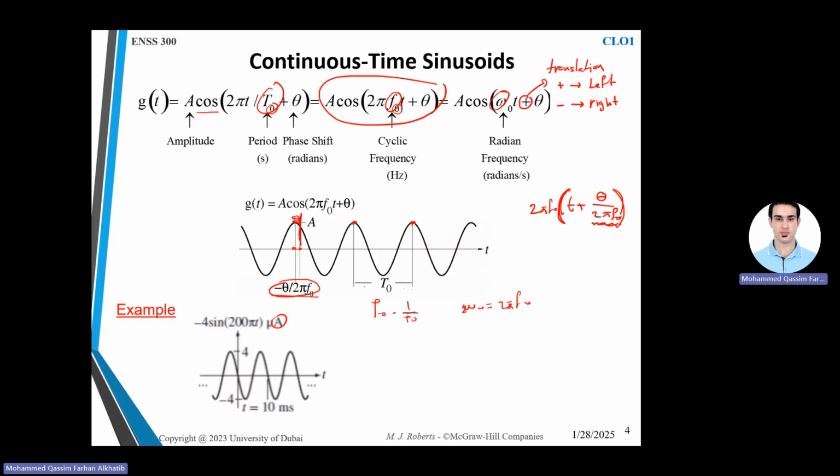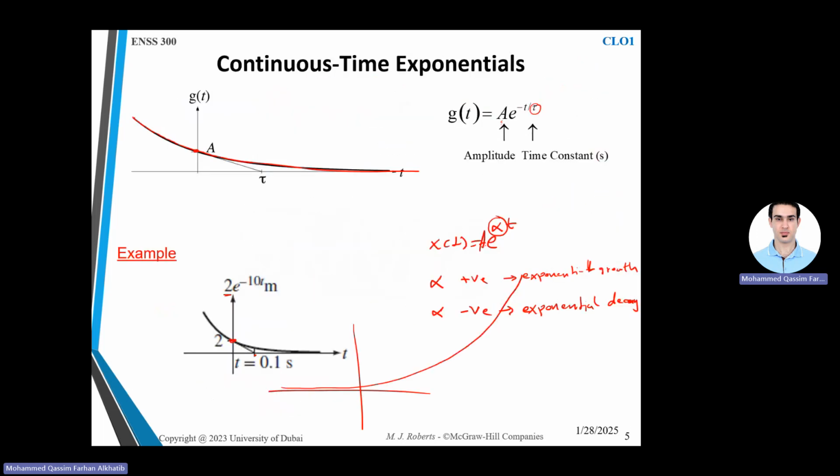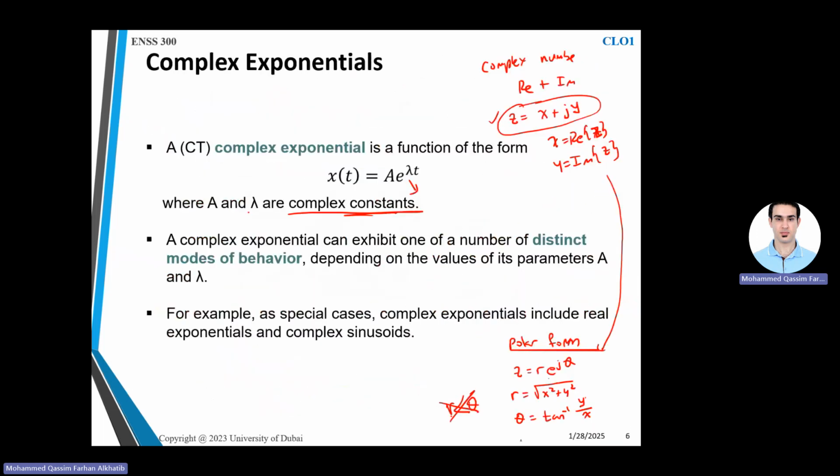All right, so we've done sinusoidals, we've done exponentials. There is a complex exponential. Usually e to the power j alpha t, and let's give it an amplitude. Here it's just saying in general, lambda is a complex constant, which is j alpha.